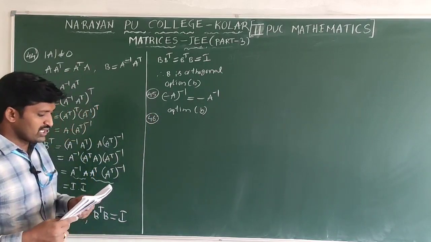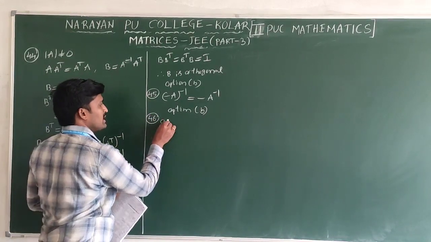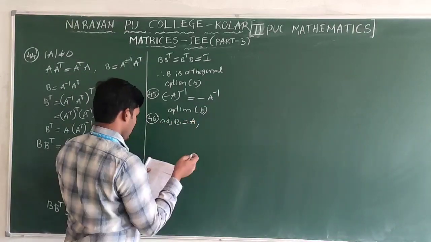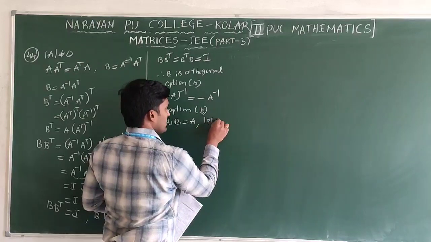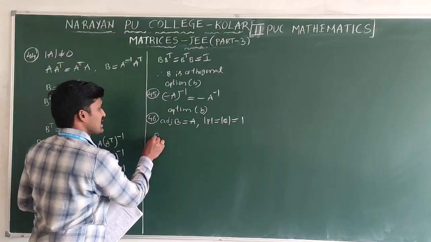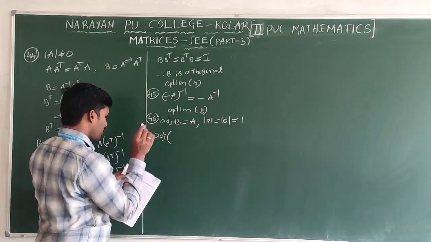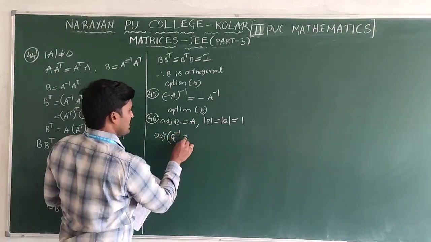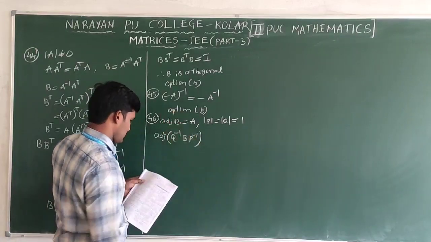Next, 46. Adjoint B equal to A, det P, det Q equal to 1. Then they are asking adjoint of Q inverse into B into P inverse.